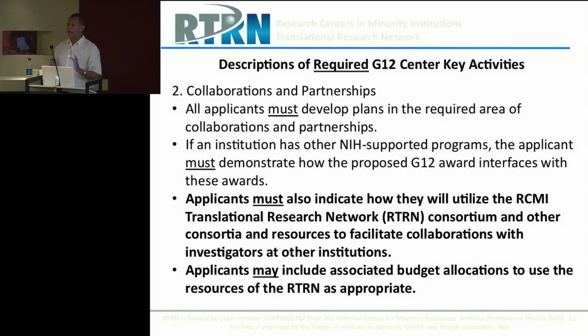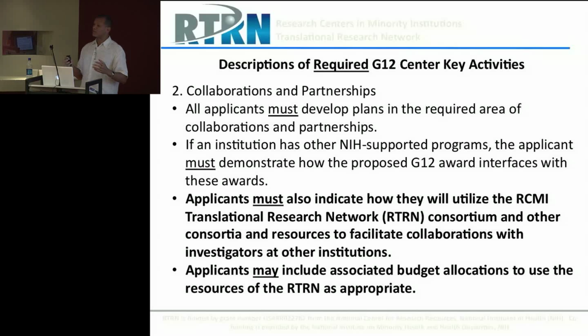Doesn't say who to partner with or how you have to partner per se, but you have to partner. If your institution has other NIH program project grants in your institution, they want to see how you're partnering with those other program project grants. So that's going to be important to have in your application.